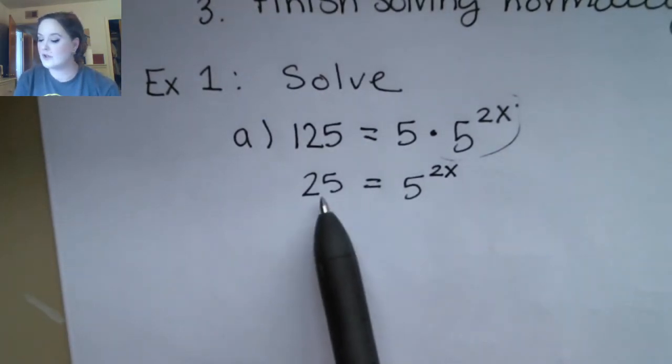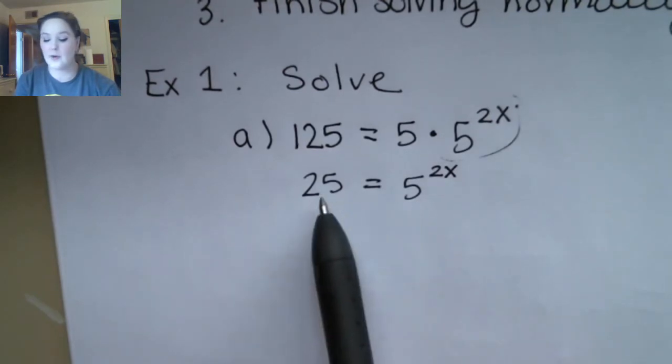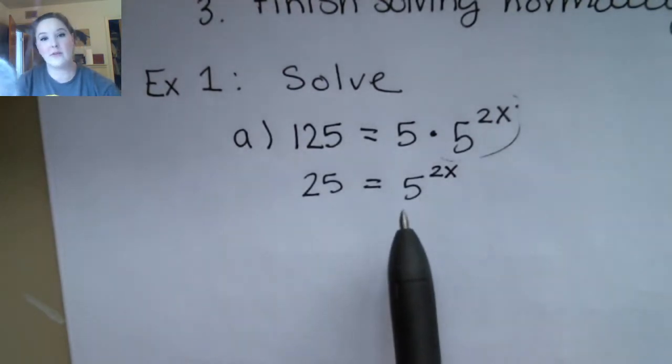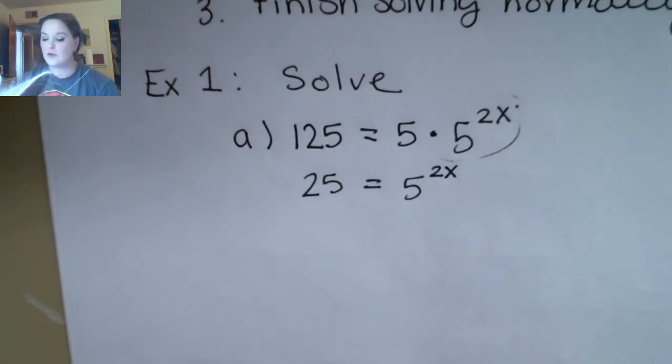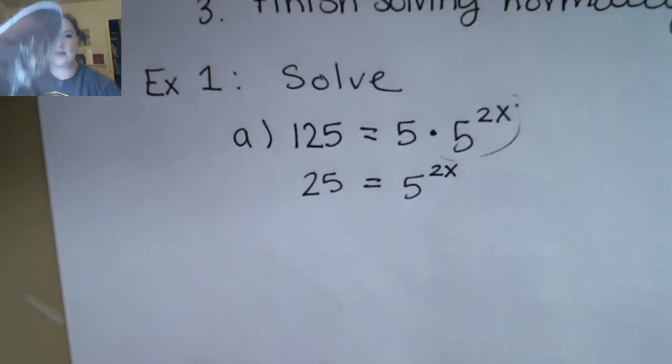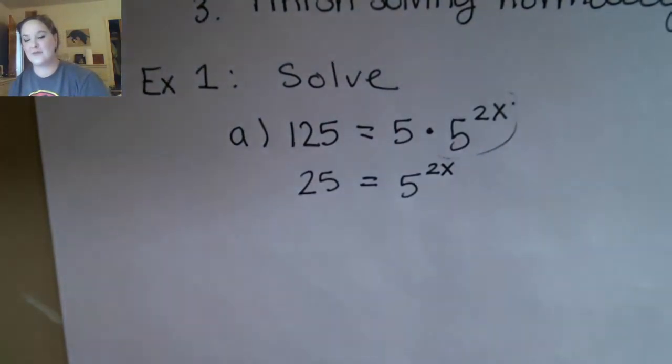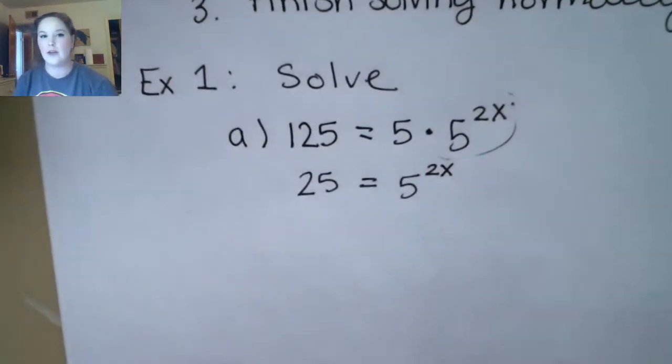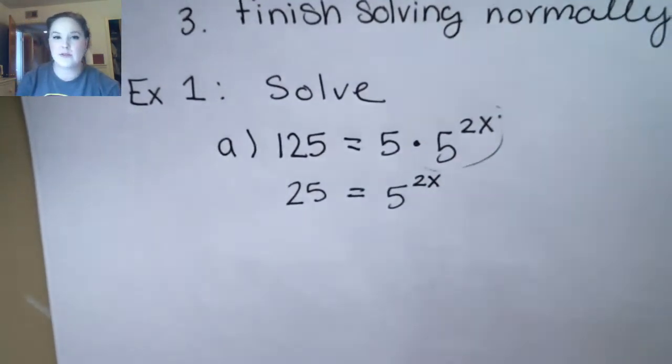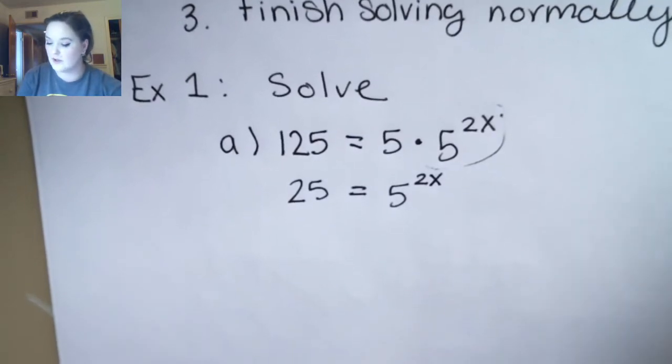You certainly could use equating exponents and write both of these as powers of 5. Or you could use logarithms. We're going to use logarithms, just so we can see how this method works.